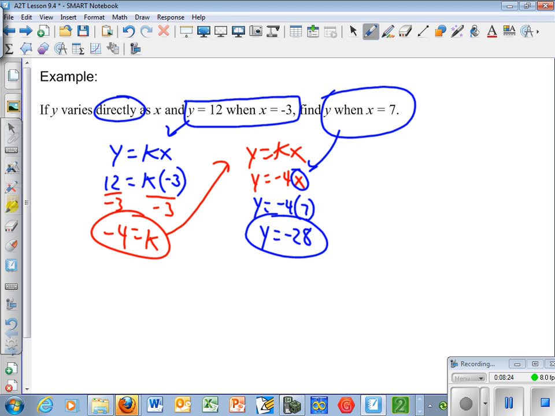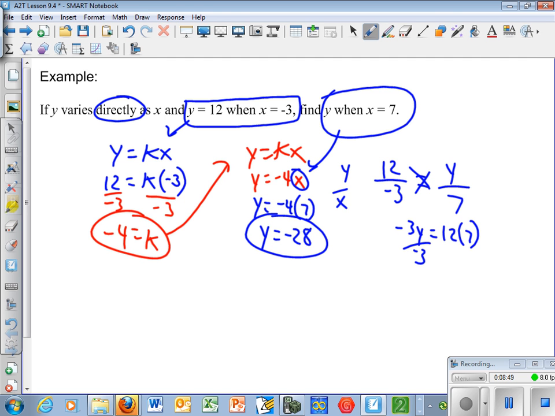You could do this. I could say when y is 12, and this only is proportional on direct variation. Okay, so y over x is what I'm going to put. So y is 12, x is negative 3. What's y when x is 7? And notice if I cross multiply here, I take negative 3 times y equals 12 times 7.